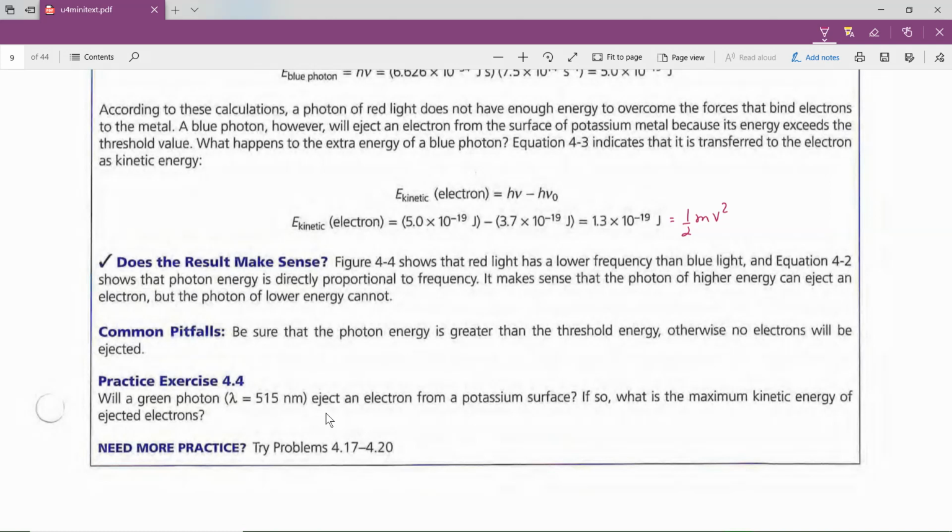So let's get the energy for the green. It's h nu, but nu is c over lambda, so hc over lambda. Let me just punch it out here: 6.63 by 10 to the negative 34 times the speed of light, 3 by 10 to the 8th, divided by lambda, 515 by 10 to the negative 9. And I get 3.86 by 10 to the negative 19.